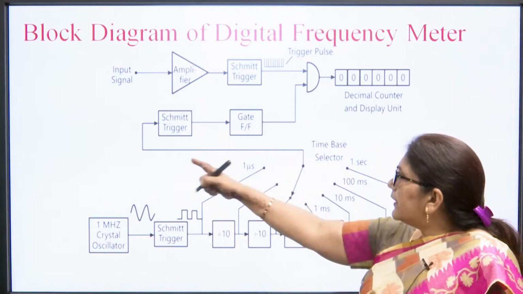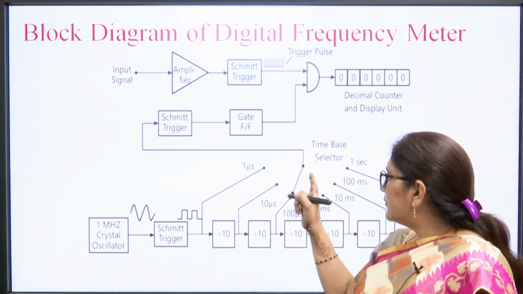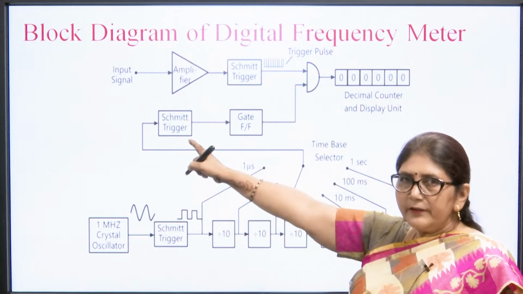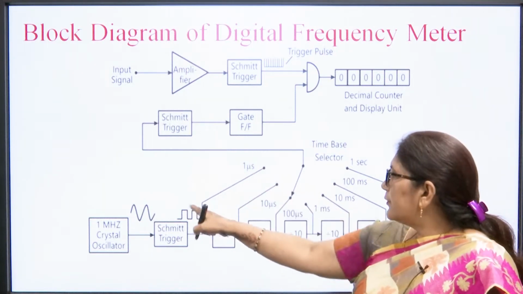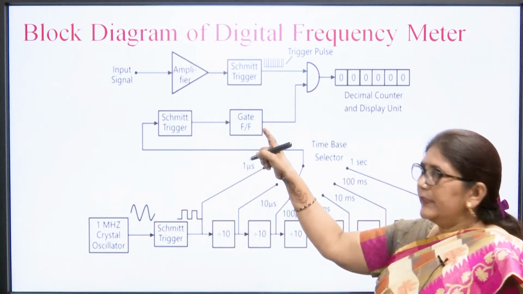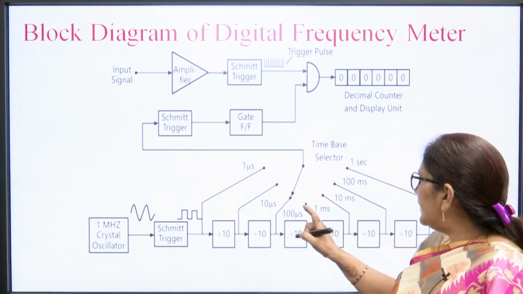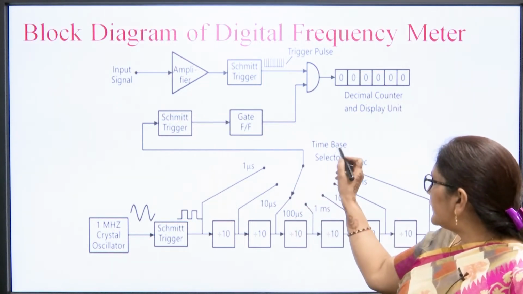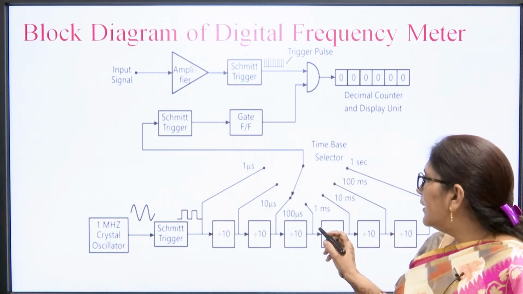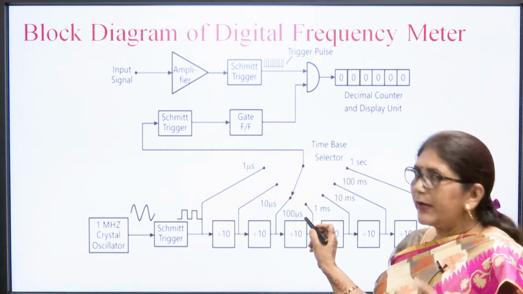Then this circuit is connected to a Schmitt trigger again, so that it is converted into a square waveform, and there is a gate. Suppose we have the time base selector switch at this position, which shows 100 microsecond.